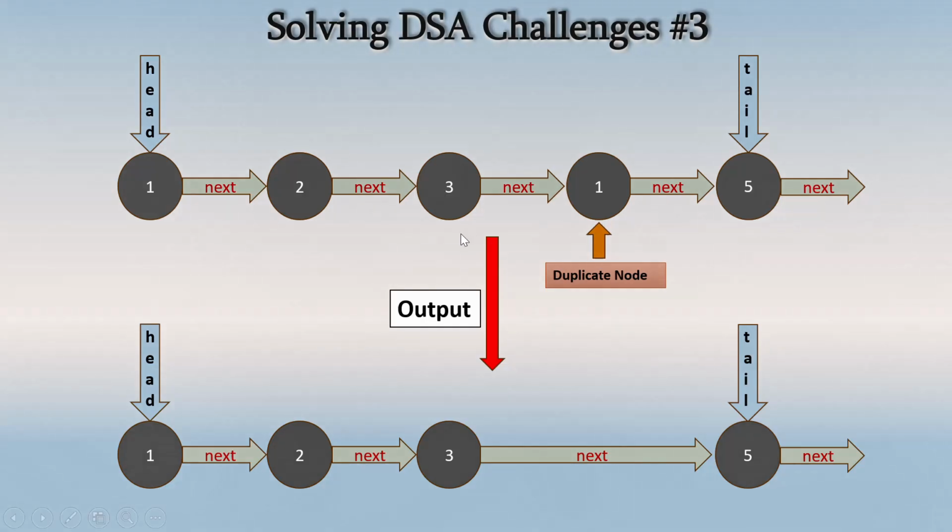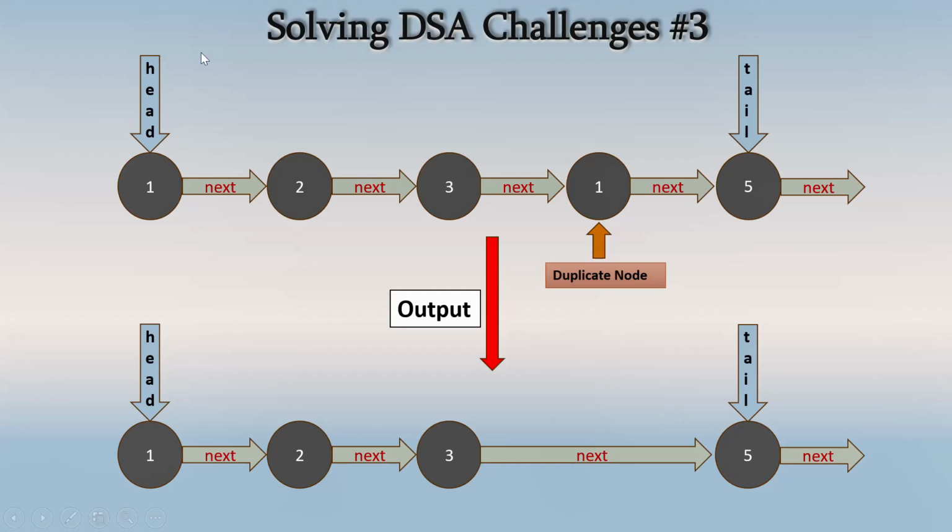Third thing is, now we have to move the pointers, previous node and current node. So if you observe carefully, after removing this node also, previous node should be this, and only current node should be moved to this next node. Earlier, we were moving previous node and current node both to its next node.